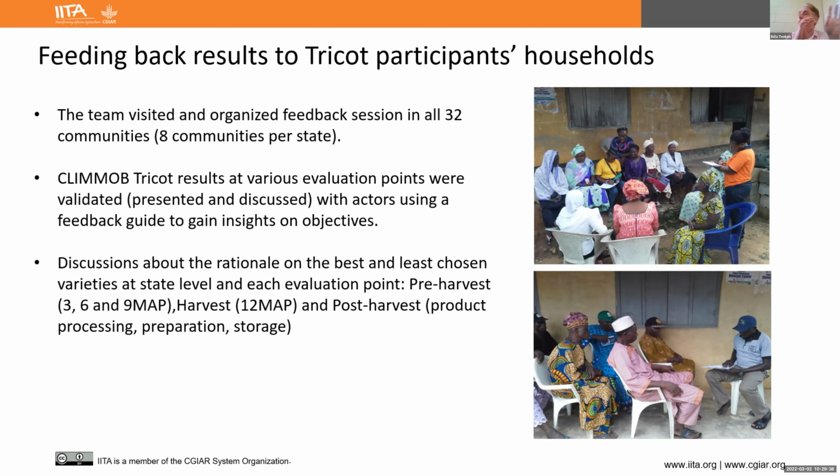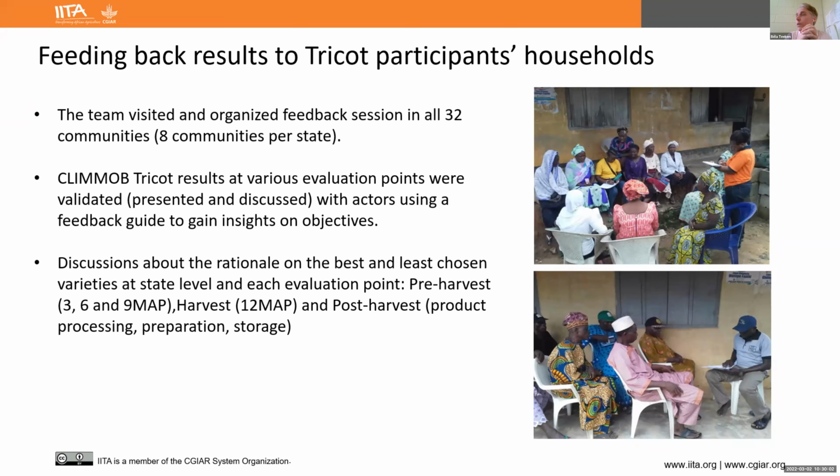But the results per state, and also for the whole country, are fed back to the participants so that they can see, well, in my state, this variety was the best. And then we identify the people who had that variety, and have a discussion as a kind of verification, if that variety is indeed good or not, and to have a more qualitative assessment.